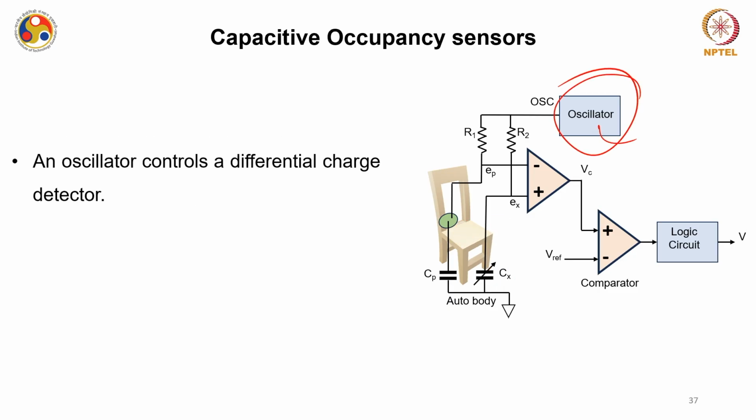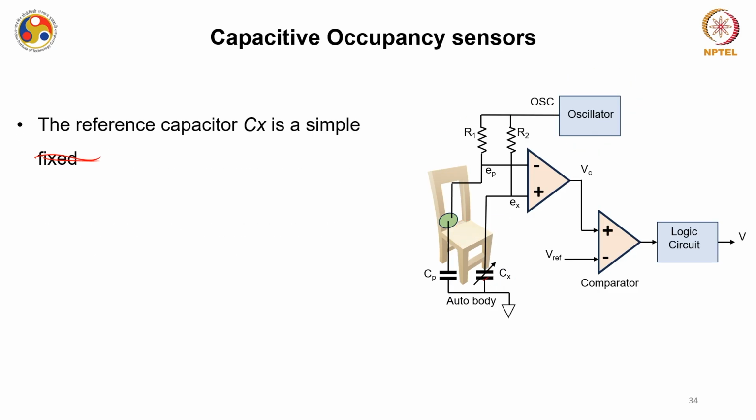But we have also seen another example of a capacitive sensor where we used it for motion detection, or even occupancy detection. I am talking about the previous example where the person was making a capacitance with the earth and the plate.